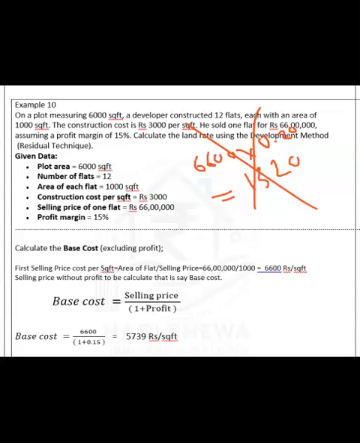So for calculating the base cost, use this formula. Base selling price here 6,600, divide by 1 plus profit, 1.15.